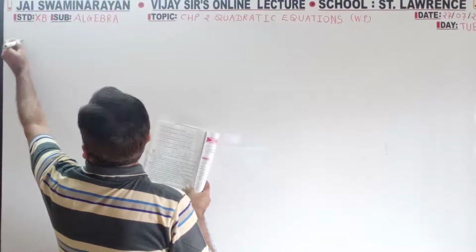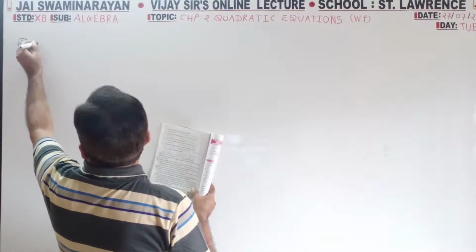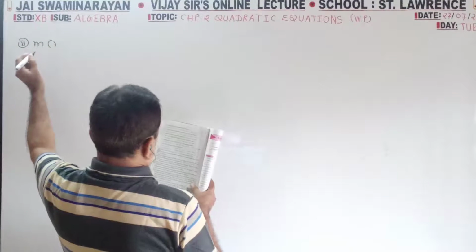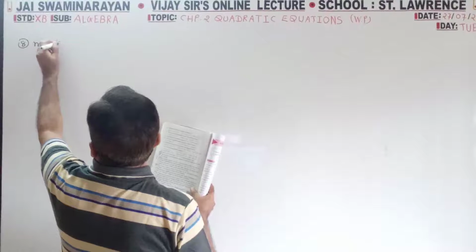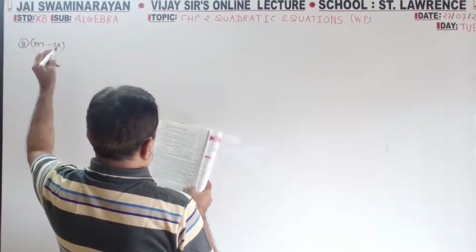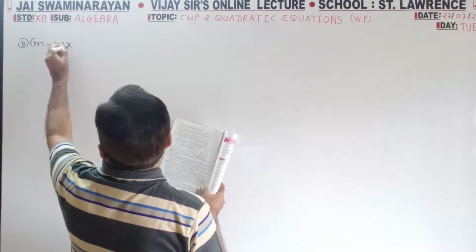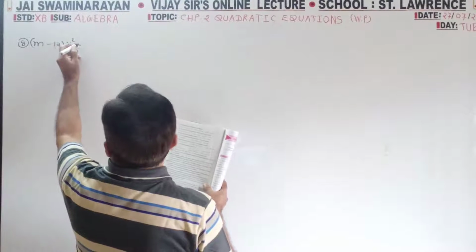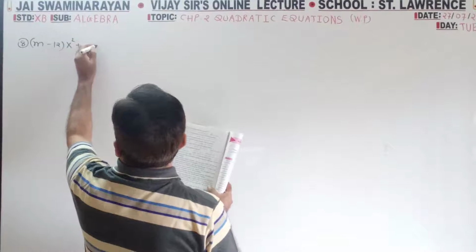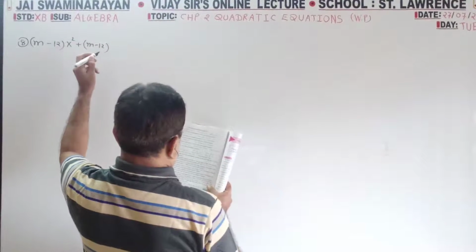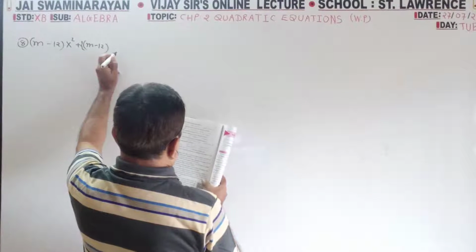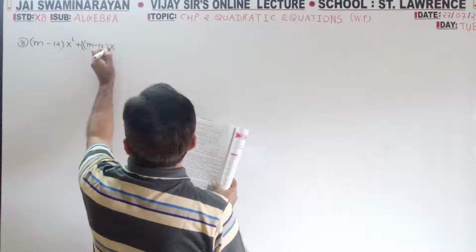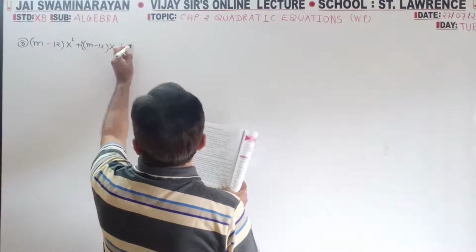Question number 8: (m minus 12)x square plus 2(m minus 12)x plus 2.